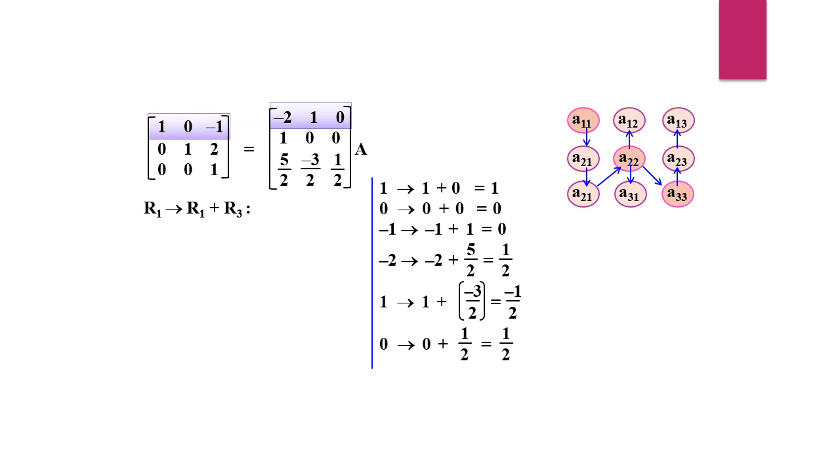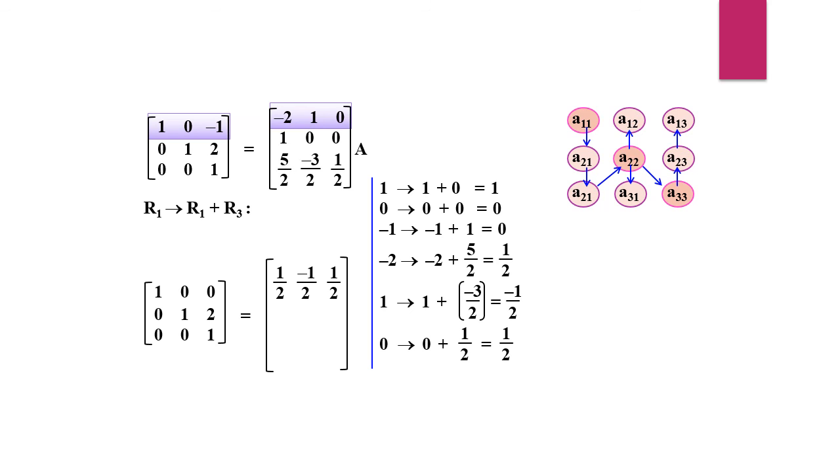Next, third element of R1 plus third element of R3, we get 0. Similarly, by applying the property on the LHS, we get the elements 1 by 2, minus 1 by 2 and 1 by 2. So the new elements of R1 will be of the form 1 0 0. The elements of R2 and R3 will remain as it is.